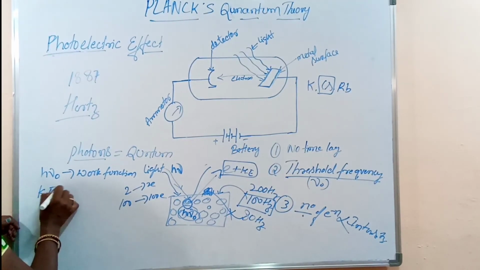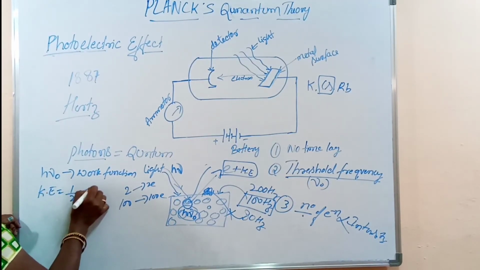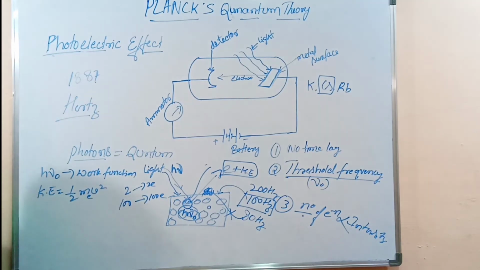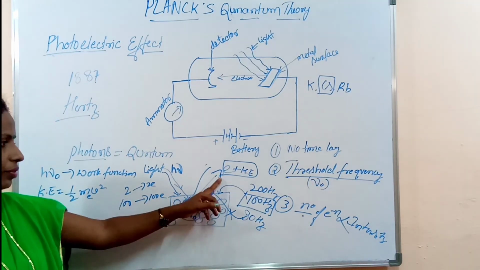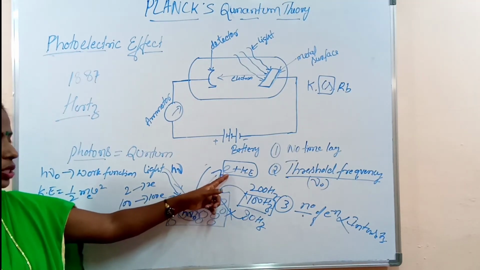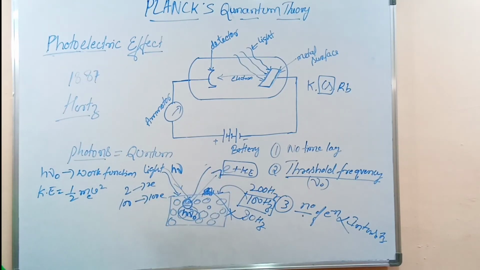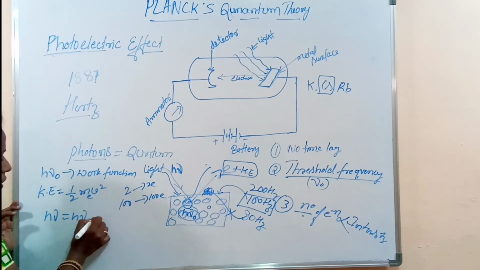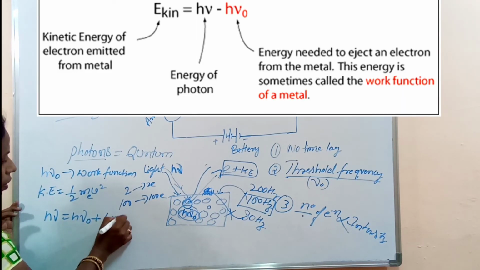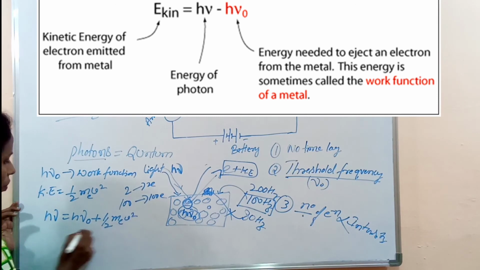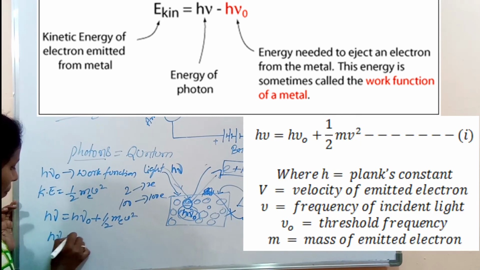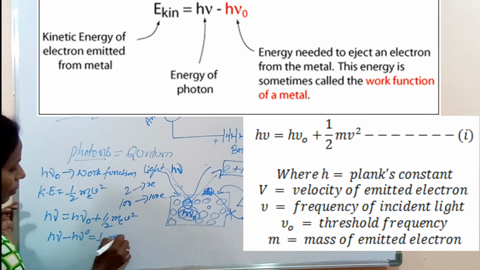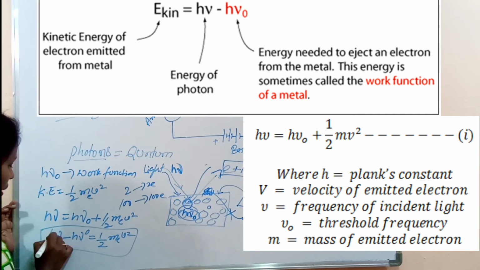That kinetic energy is equal to half m_e v squared, where m_e is the mass of an electron and v is the velocity associated with the ejected electron, the photoelectron. So h nu is equal to h nu naught plus half m_e v squared, or h nu minus h nu naught is equal to the kinetic energy, half m_e v squared.